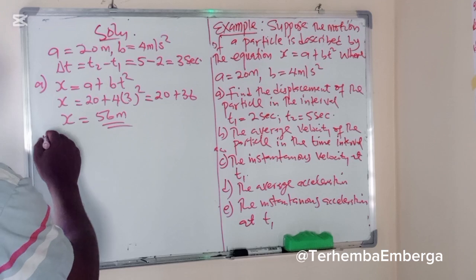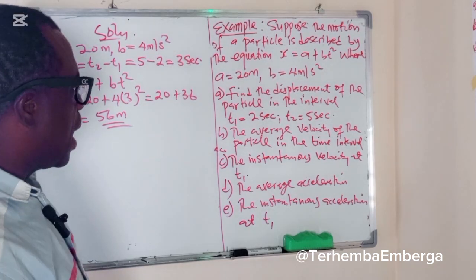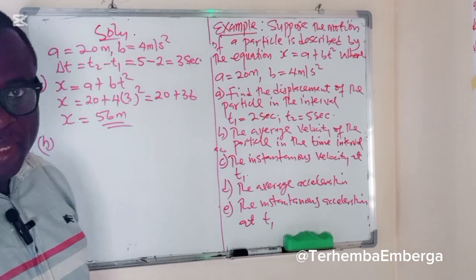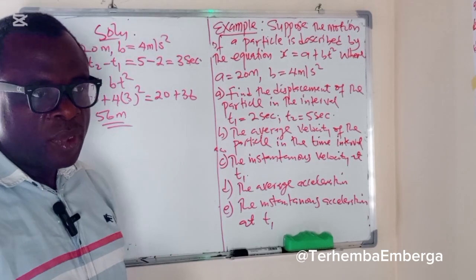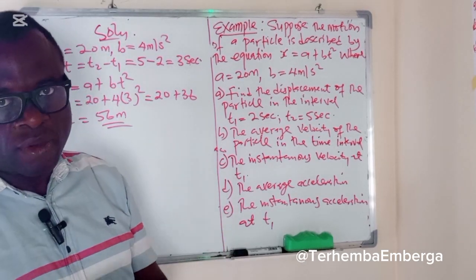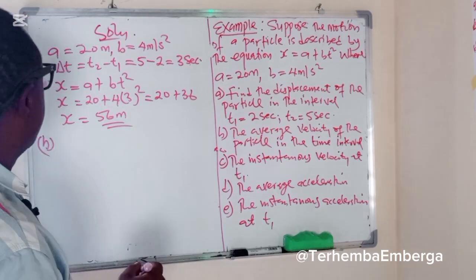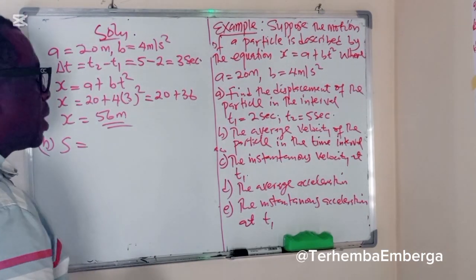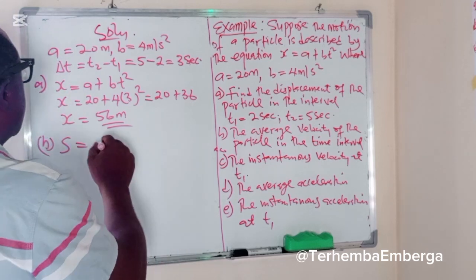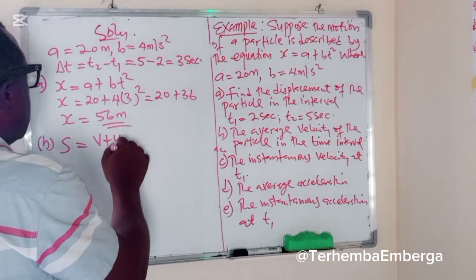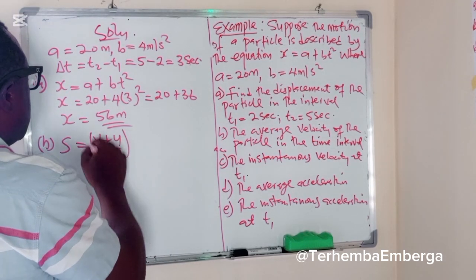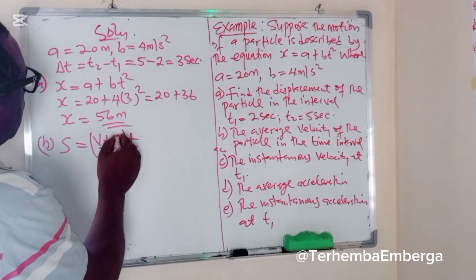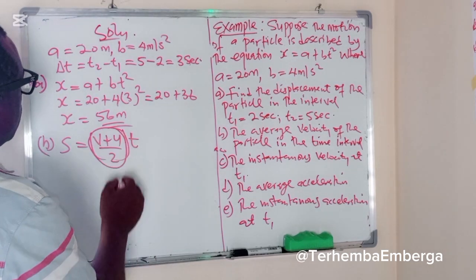The B part of it, the average velocity. Remember, in one of the classes, we derived the equations of motion. I will say that S, the total distance covered, is the average velocity times time.